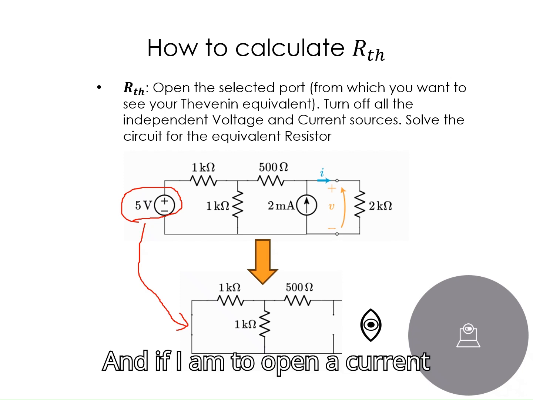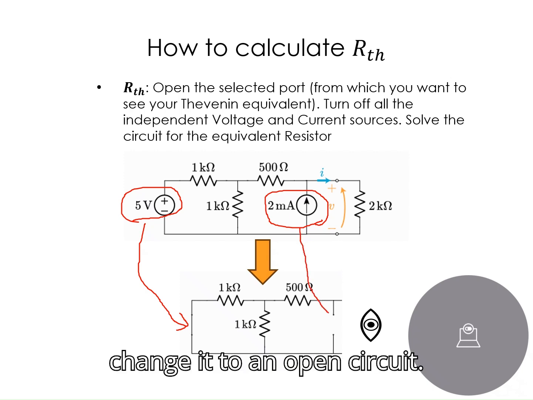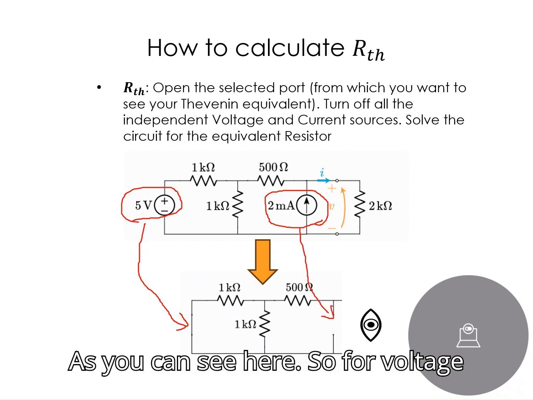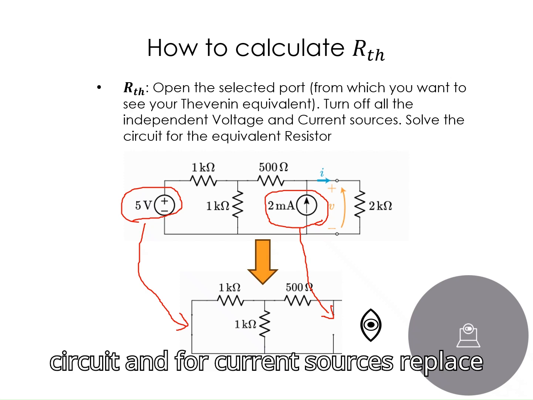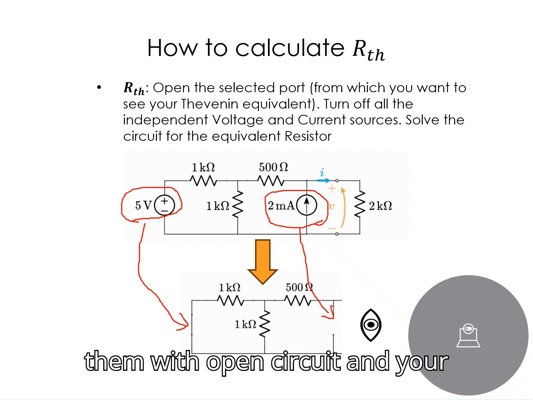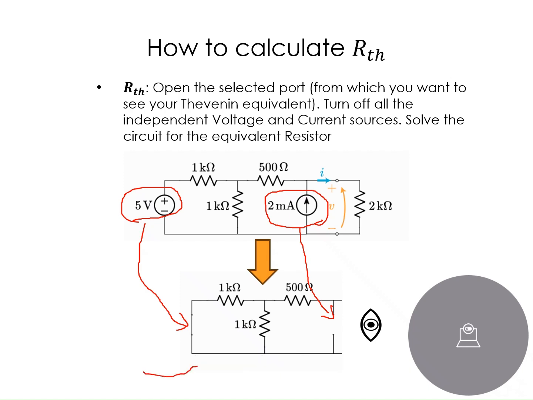And if I turn off a current source, I change it to an open circuit, as you can see here. So for voltage sources, replace them with a short circuit, and for current sources, replace them with an open circuit. Your circuit now turns into this.